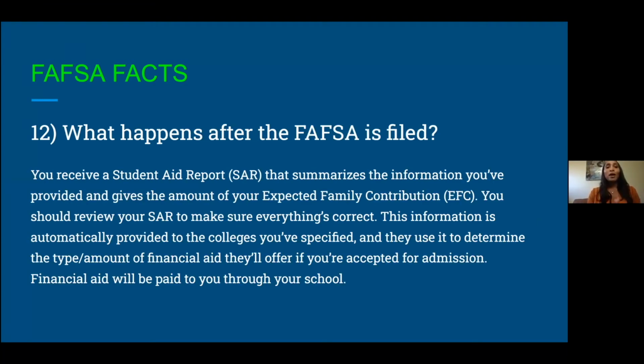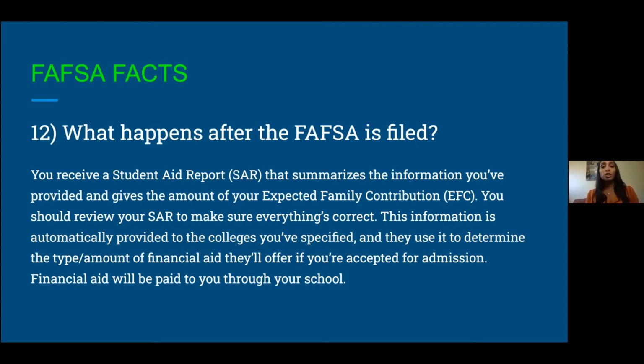So what happens after you file your FAFSA application? The federal government will send your information off to the college, university, or trade school of your choice. You will receive a student aid report, or SAR, which summarizes the information you provided on your application.